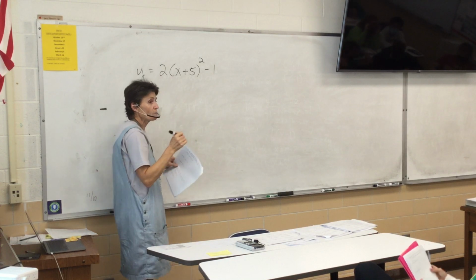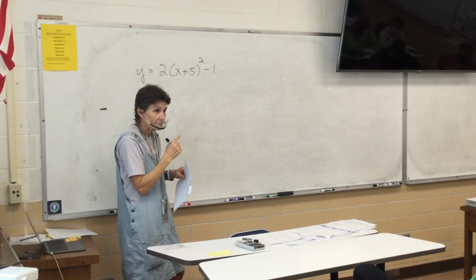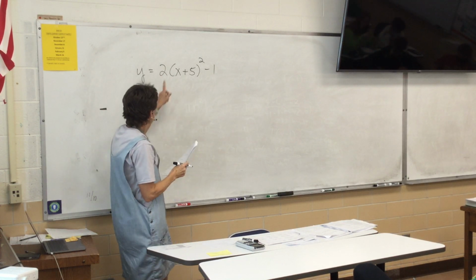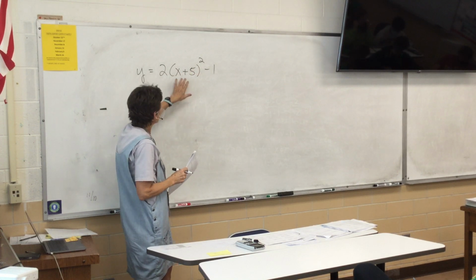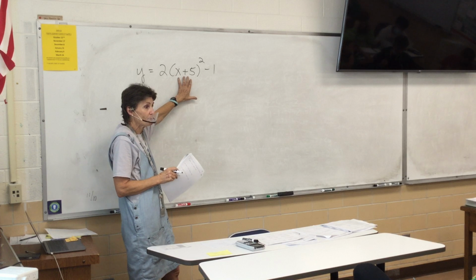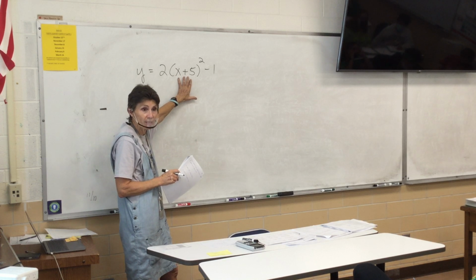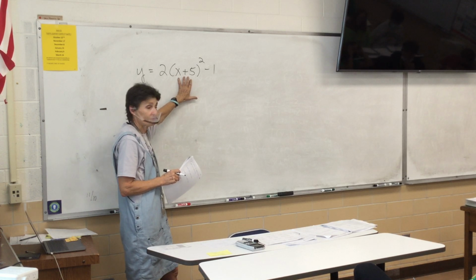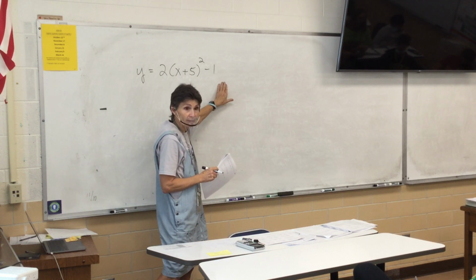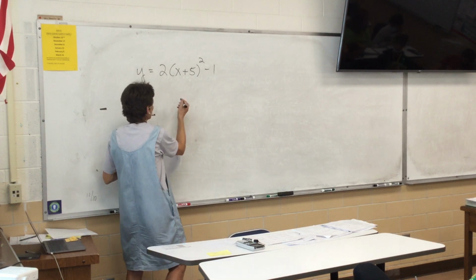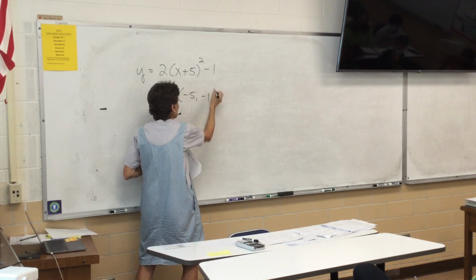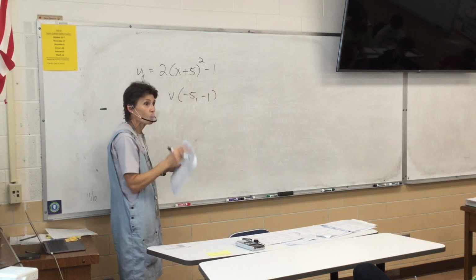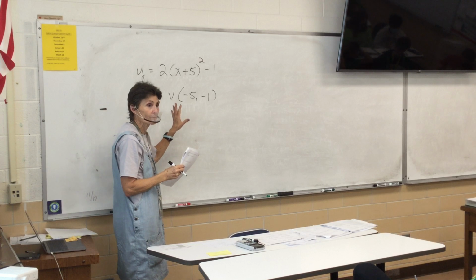Because if the equation looks like that, you see it's an x squared, right? So it's a parabola. This tells me it has been moved 5 units to the left and 1 unit down. So just by looking at the equation, you can tell me that the vertex is negative 5, negative 1. That's why that is called vertex form.